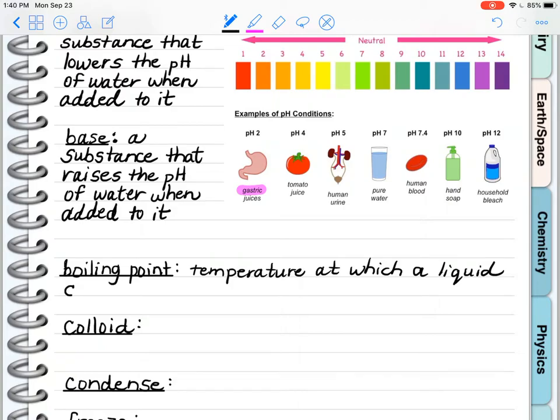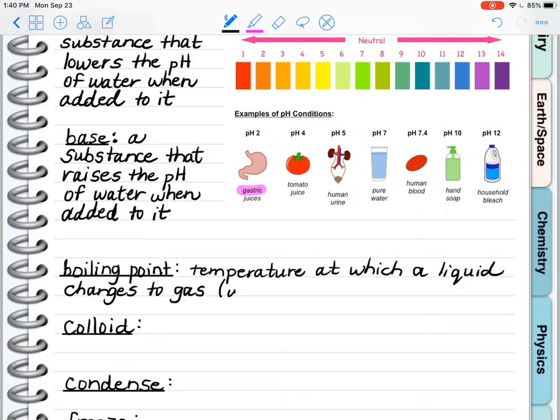So liquid changes to gas. If you imagine a pot of water on your stove and you see that water boiling, it boils harder and harder, and then you start to see the steam. That's the gas. A liquid is changing to a gas.